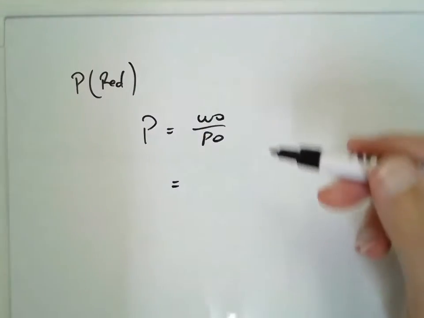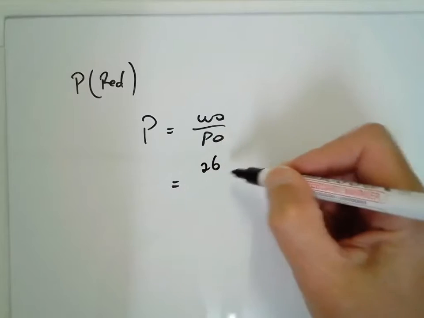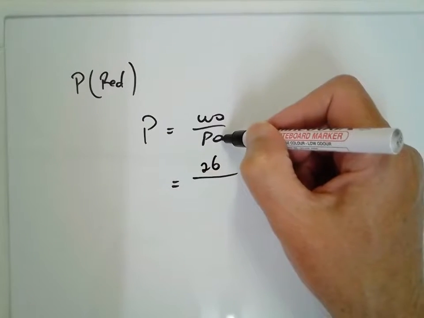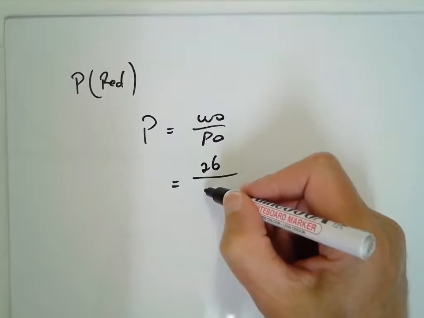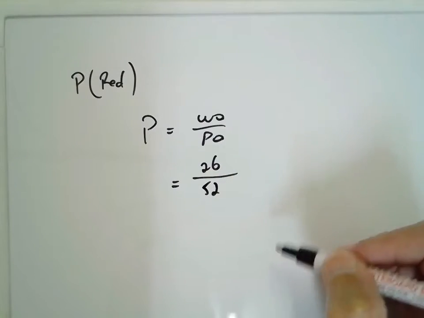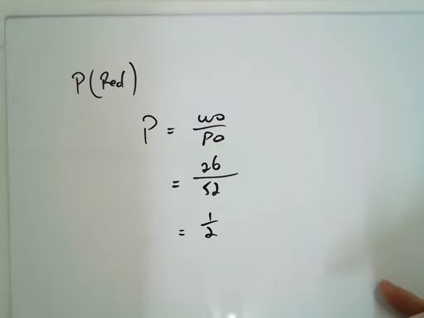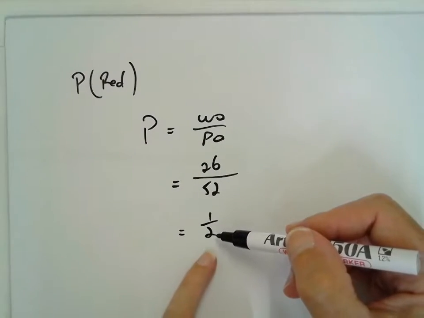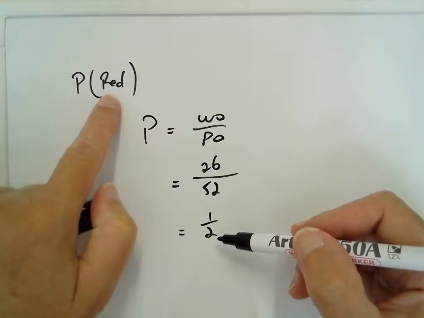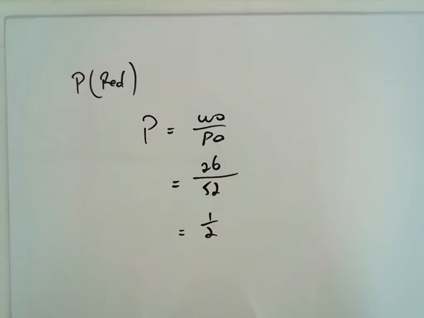How many red cards are there in a deck? There are 26. How many possible outcomes can I get? Well, there's 52 different cards. So state the rule, apply the rule, then simplify. And clearly you do recognise that half the pack is red, so the probability is 1 out of 2 or a half. That's what we call theoretical probability.